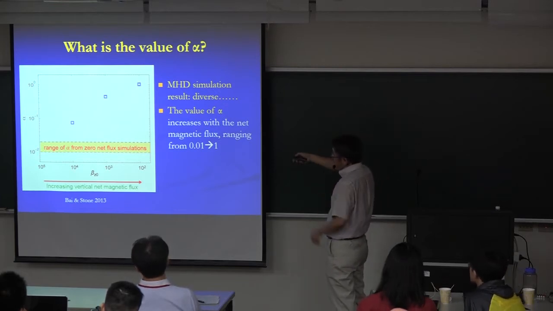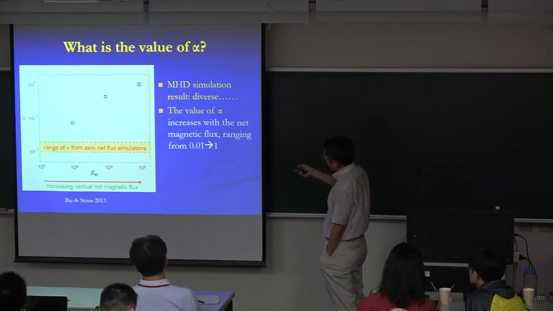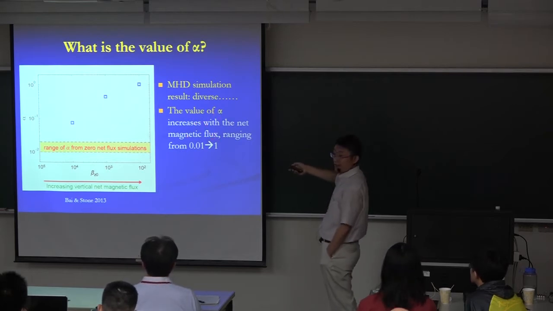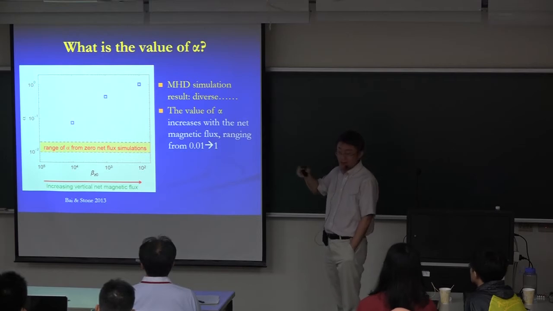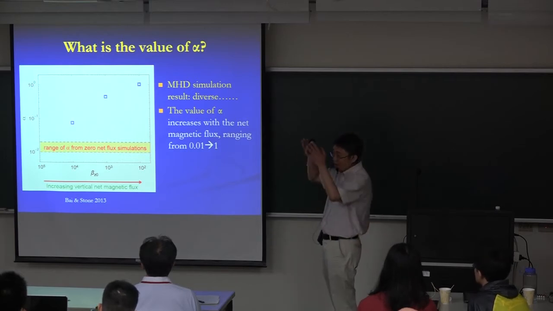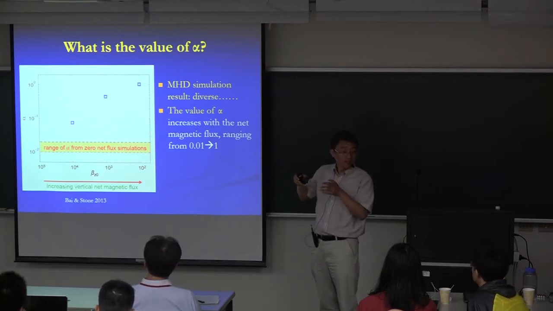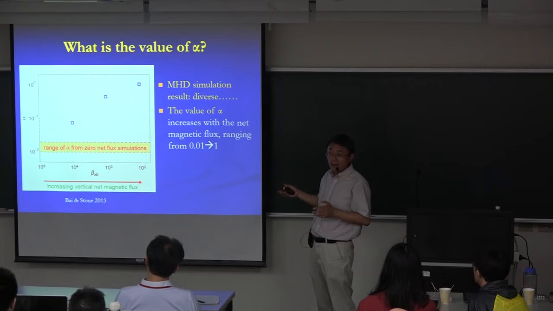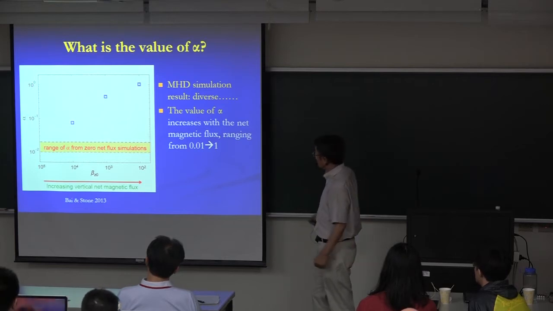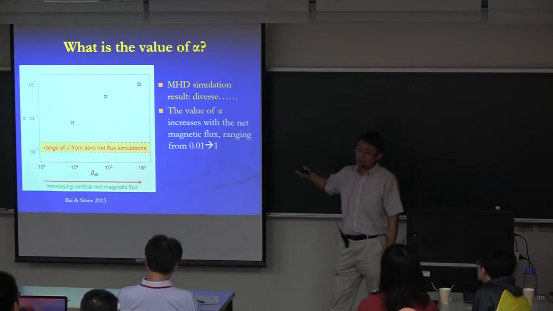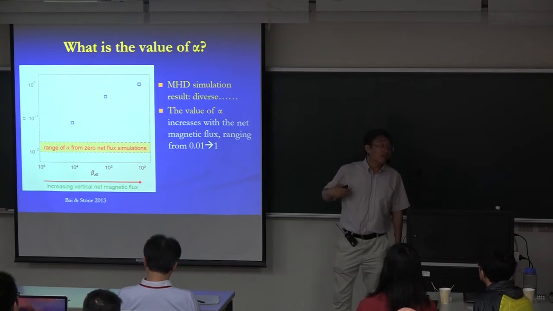But in general, when we summarize their results, we find the value of alpha usually increases with the net magnetic flux used in the numerical simulation as the initial condition. How much net magnetic flux they put in at the beginning of the simulation roughly determines the final value of alpha. It can range from 0.01 up to even 1, or in some simulation results, it can be larger than 1.